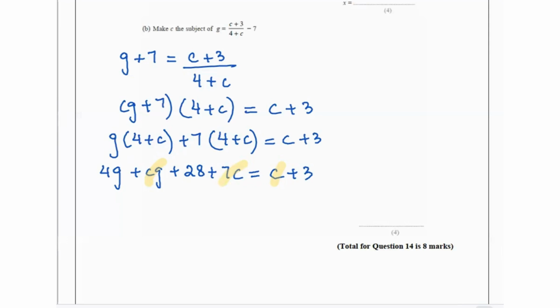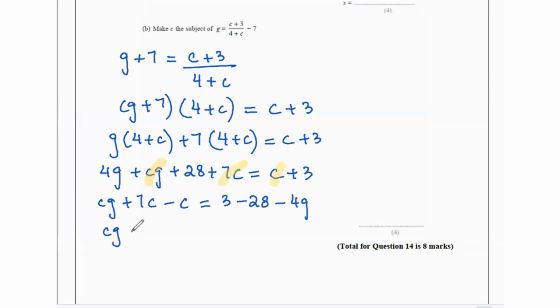So what I will do is I will bring C to the left-hand side and move 4G and 28 to the right-hand side. So CG plus 7C minus C equals to 3 minus 28 minus 4G.